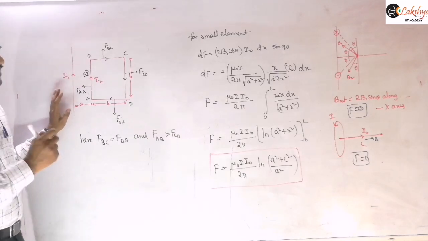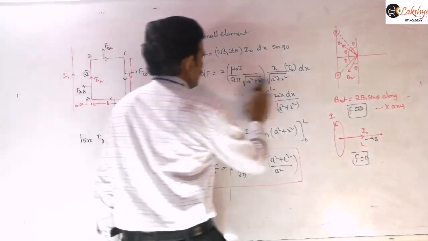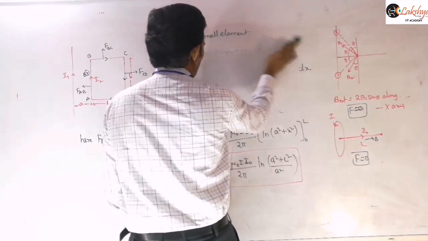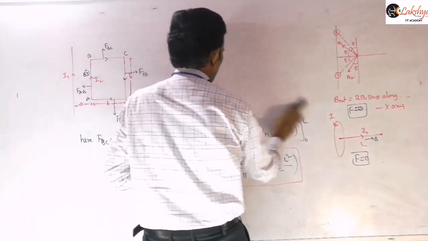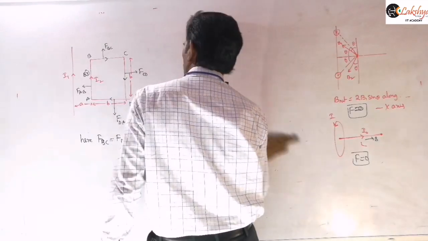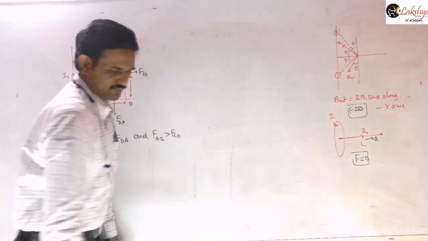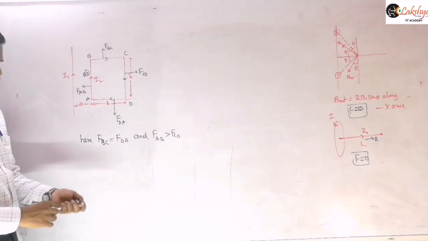A square loop of side B is placed parallel to a long current carrying conductor, carrying current I1 as shown.